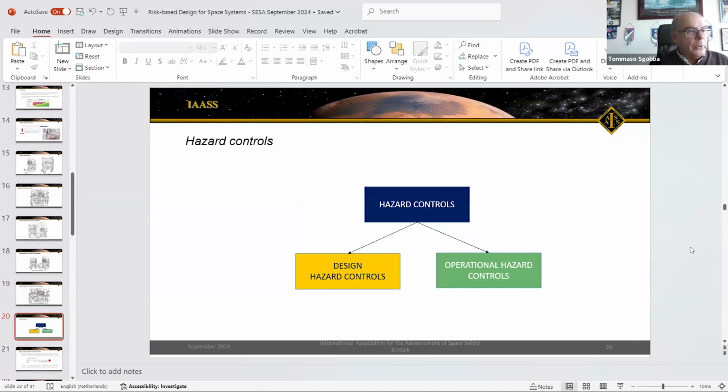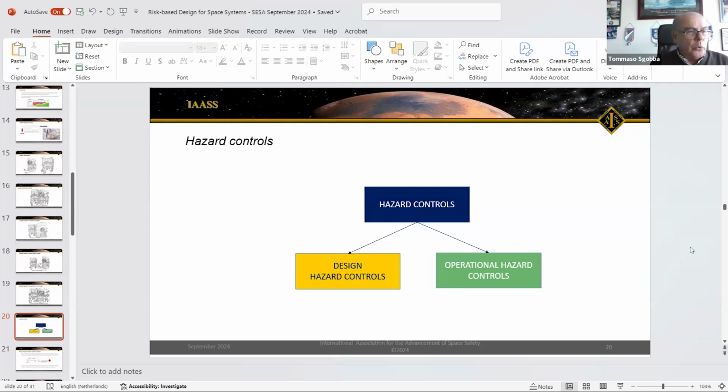So to recapitulate, what we call hazard controls are all those measures that we take into the design of a space system to mitigate the risk of a hazard becoming actualized, so becoming an accident.